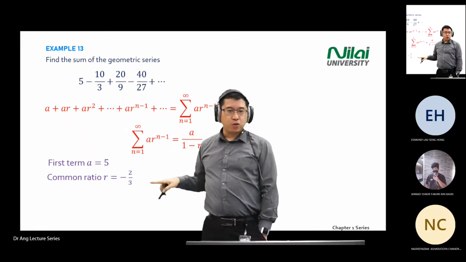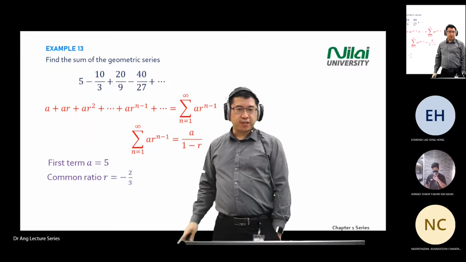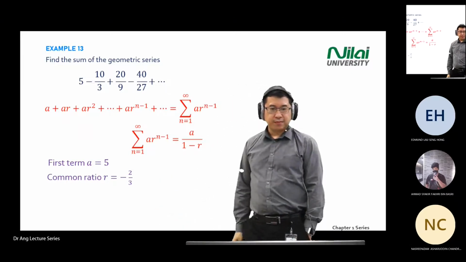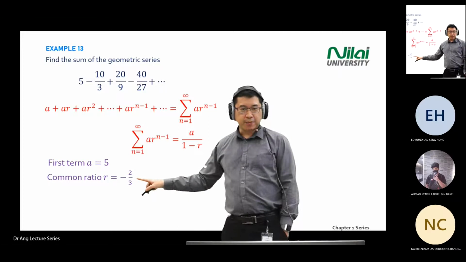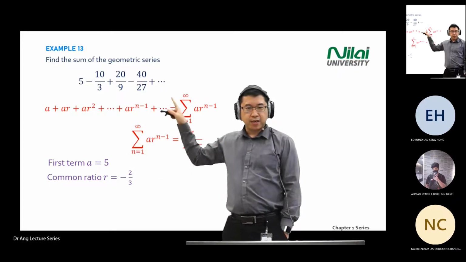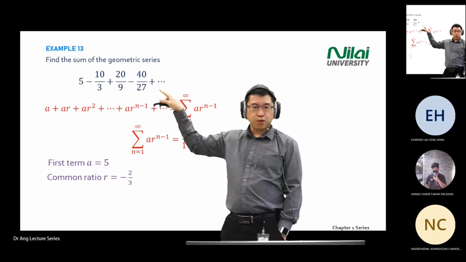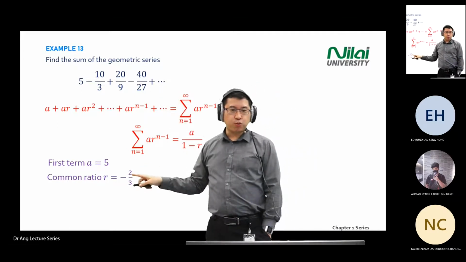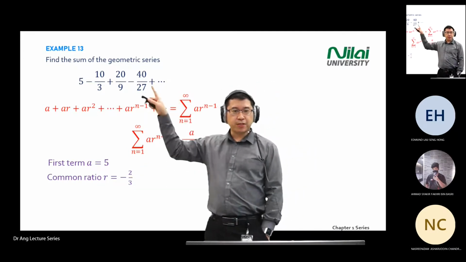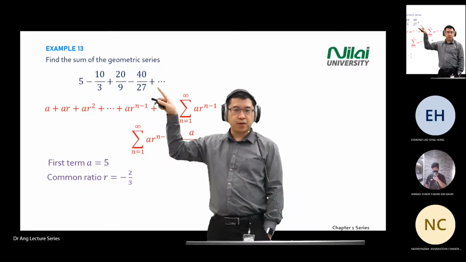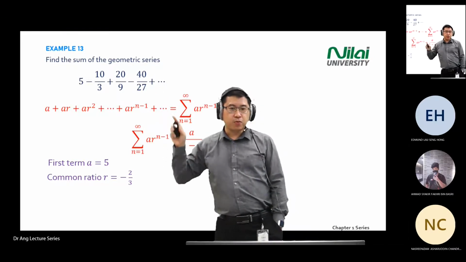You'll get negative 2 over 3. Okay, I'm going to skip explaining about the common ratio. Go to the advanced mathematics textbook to find how to find the common ratio for a geometric series. I assume you already know from Mathematics 1.